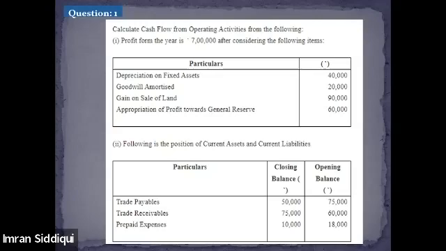Then the next item is prepaid expenses, which is also our current asset. The opening value of the prepaid expenses was 18,000. Now it is only 10,000. So there is a decrease in the value of the current asset. Is this clear, Abin? Mariam?